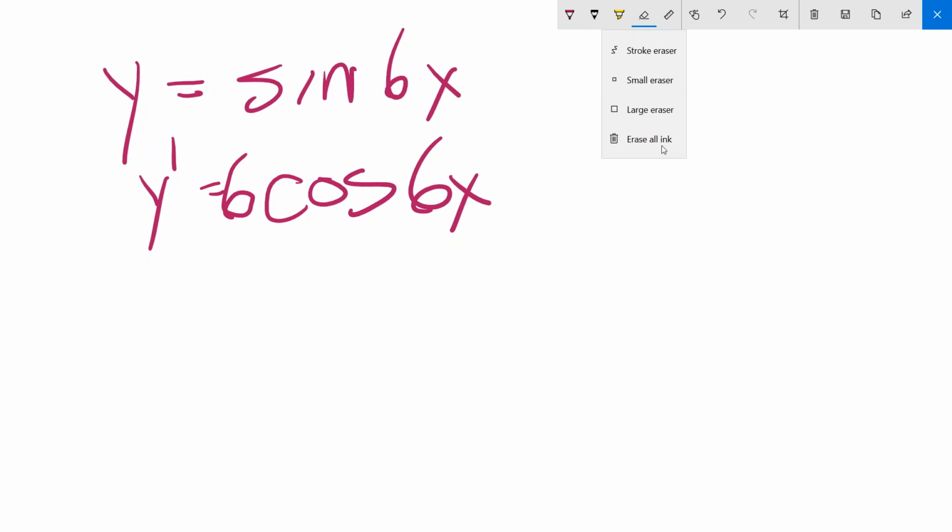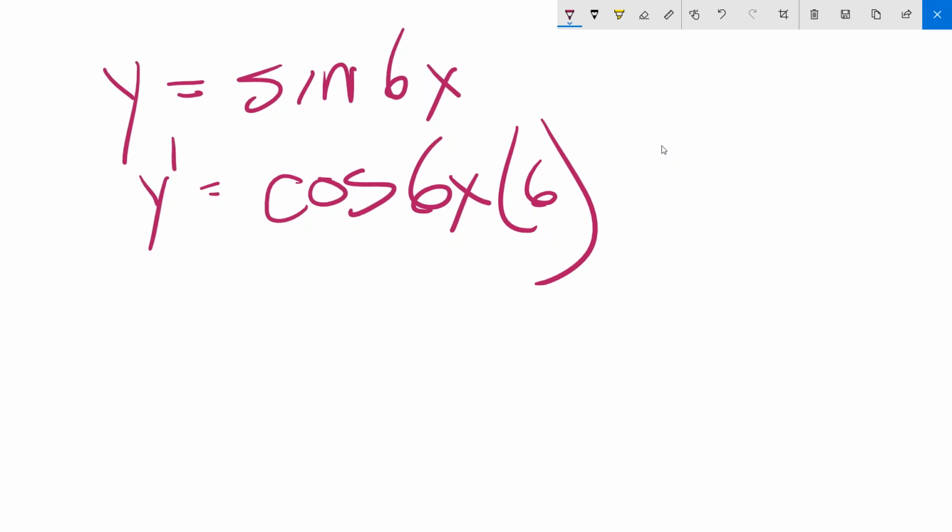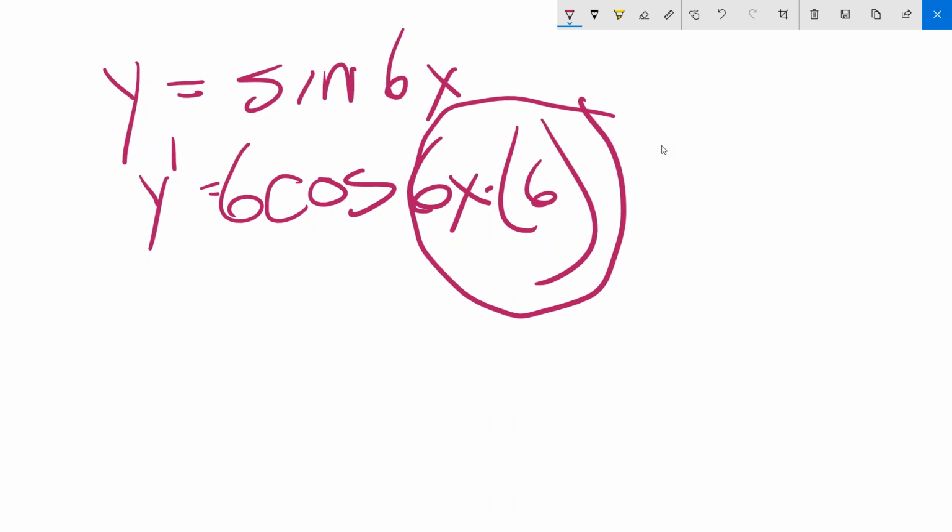This is the better way to write it. If I write it the other way, that's confusing. I don't know if that's the whole argument of cosine or if the 6 is separate from the trig function. So you almost always want to put that number in front.